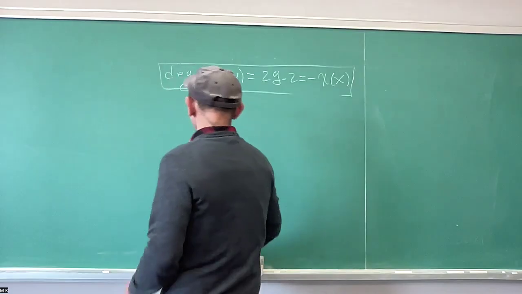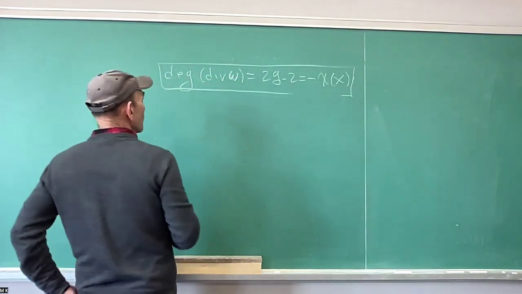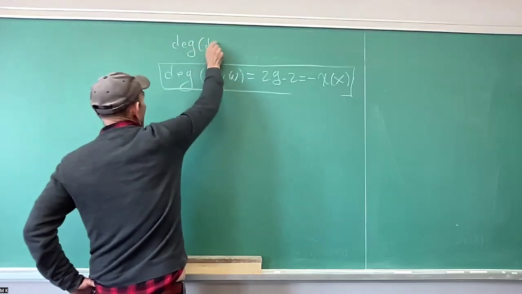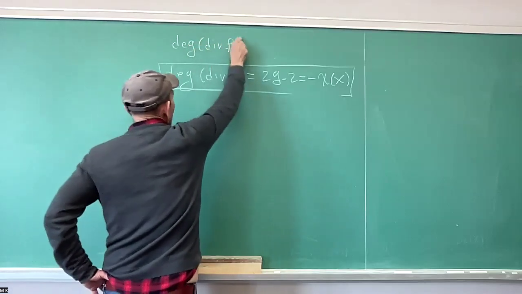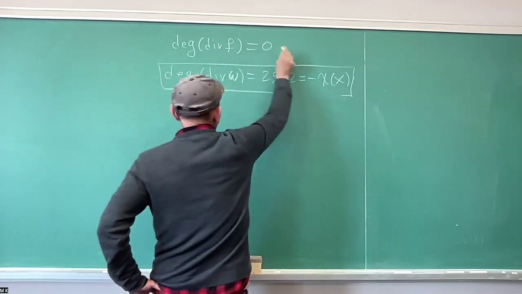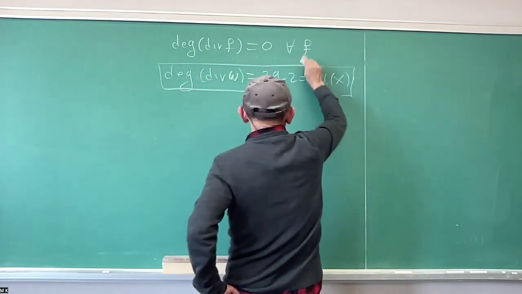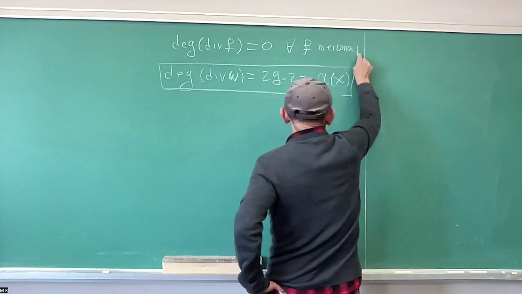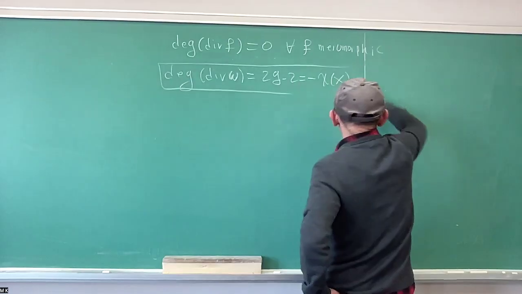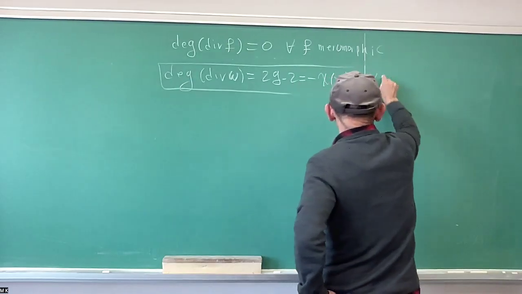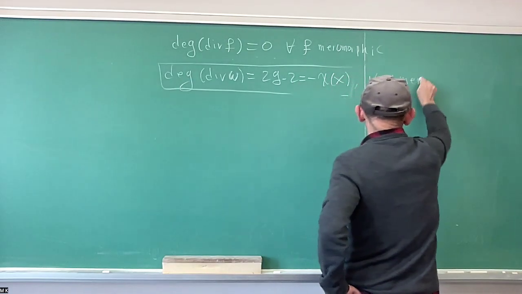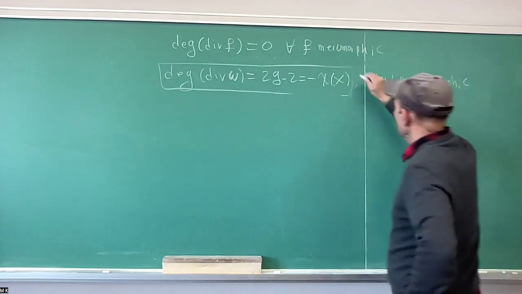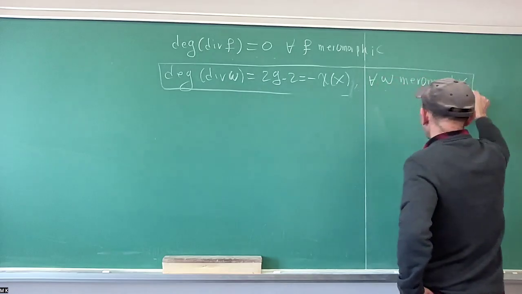The first one was that the degree of the divisor of f is equal to 0 for any f meromorphic. And here, for any omega meromorphic. So basically, have these 2 results in mind now.